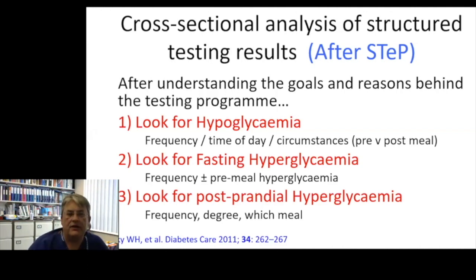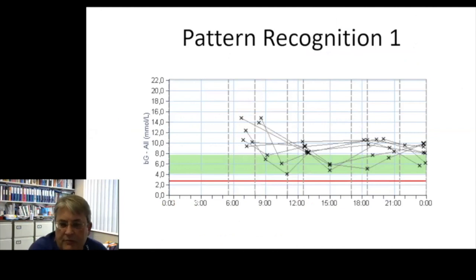And then in theory, what you will have, and this is one pattern of glucose testing. So this person has no obvious hypoglycemia, but looking for fasting hyperglycemia, that's clearly present. So this individual has a step management which would say, yep, we need to do something about fasting hyperglycemia. So if they're on a basal insulin, for example, they need an up-titrated basal insulin.